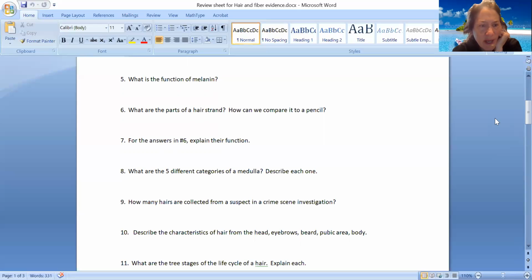I believe we have that somewhere here. It's in one of these. 50 hairs, there we go. 50 hairs are collected for crime scene investigation.